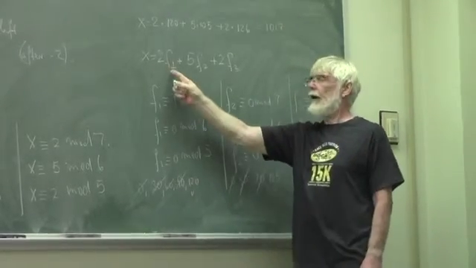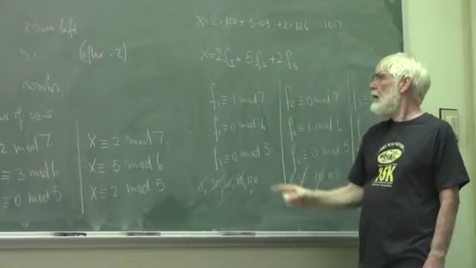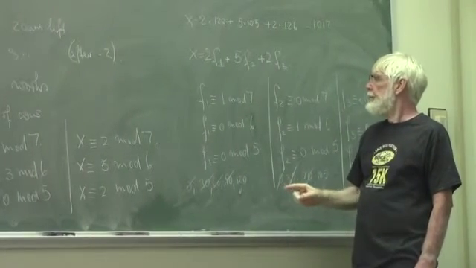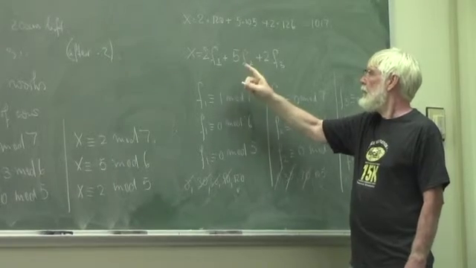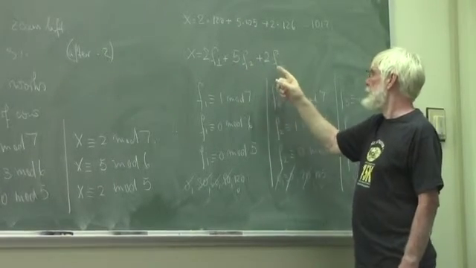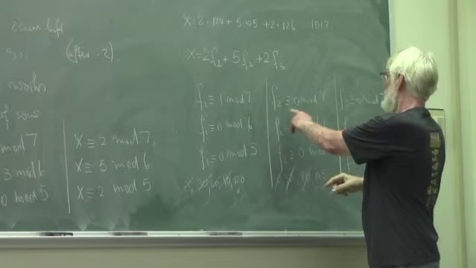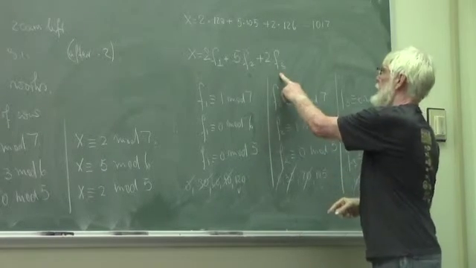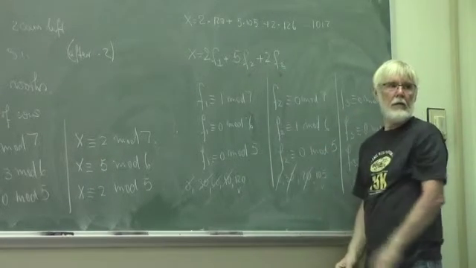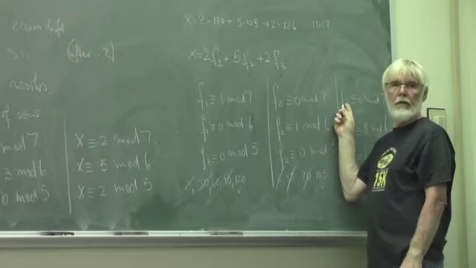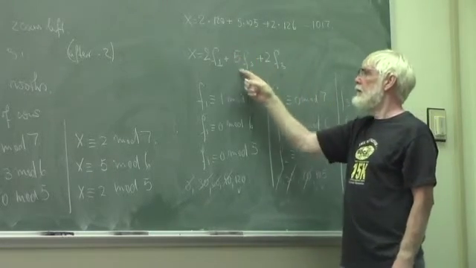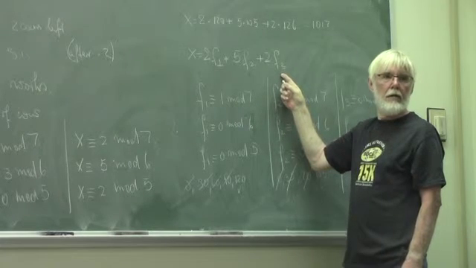This number is divisible by 7, and this number is divisible by 7. So this part is divisible by 7.